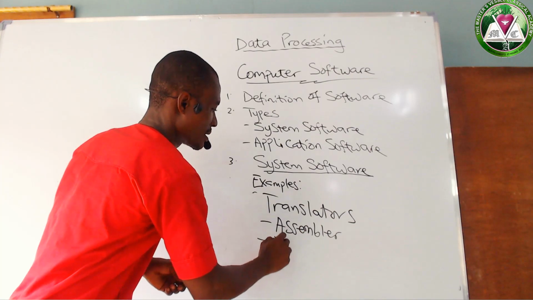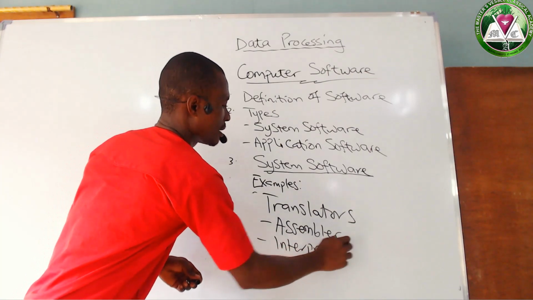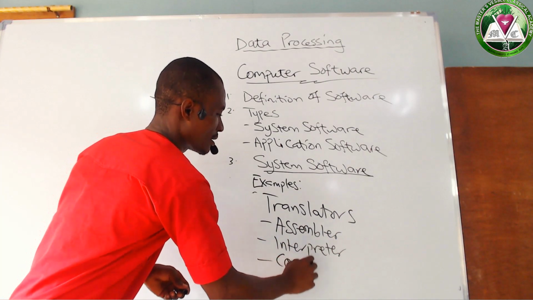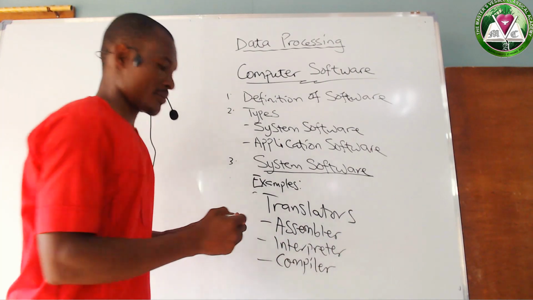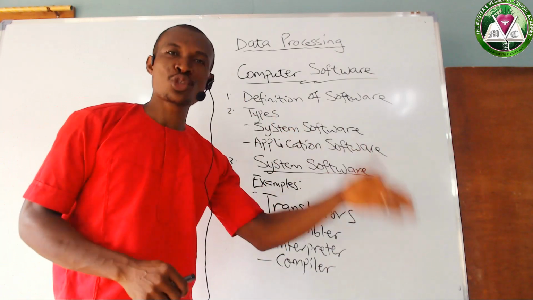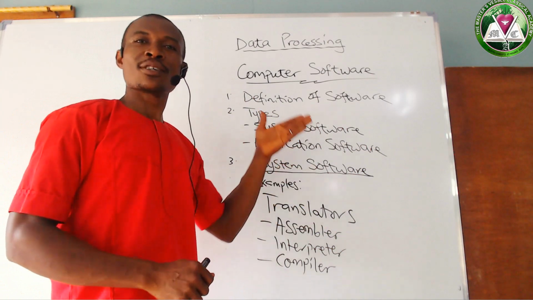The next is interpreter. And another is compiler. These are called translators. And what is the job of this type of software?